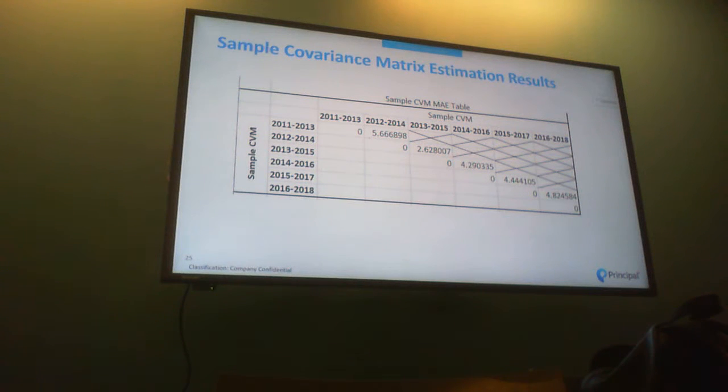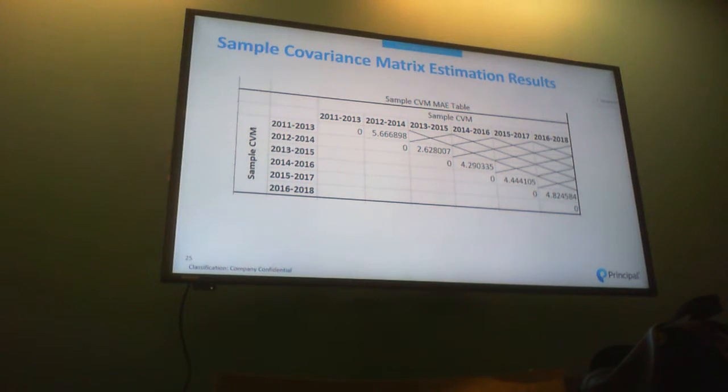My question is, the covariance matrix from 2011 to 2013 is fit on data from 2011 to 2013, and then the next covariance matrix that you're comparing it to is from 2012 to 2014. So all of the data from 2014 will be new data, and the covariance matrix from 2011 to 2013 is never seen before, right?